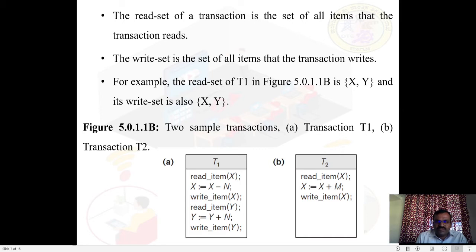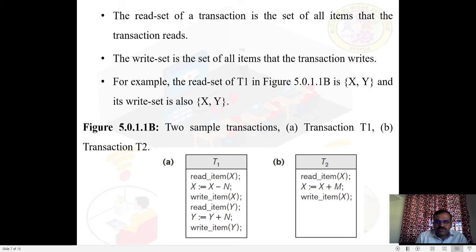A database cache includes a number of data buffers. When the buffers are all occupied, a buffer replacement policy is used to choose one of the buffers to be replaced, for example, LRU, least recently used.